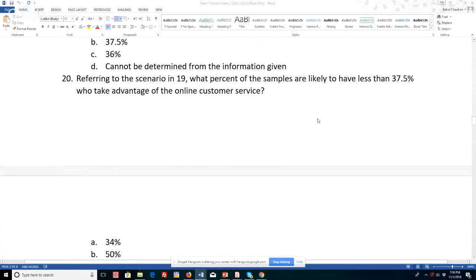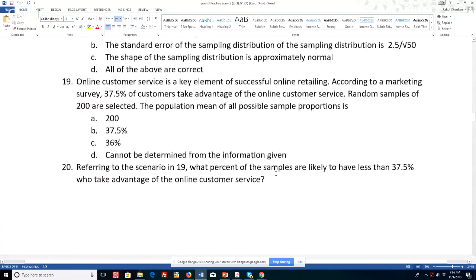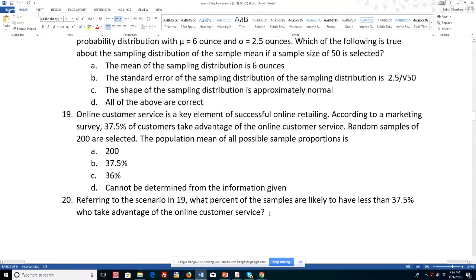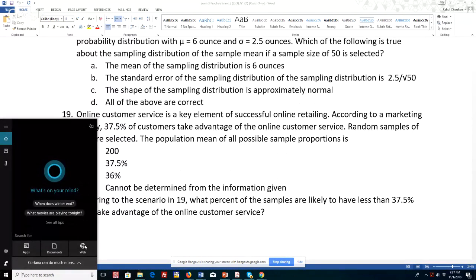So what percent of samples are likely to have less than 37.5% who take advantage of the online customer service? This one's a difficult question because it's combining what we're learning about sampling distributions and what we learned in the past about the empirical rule.